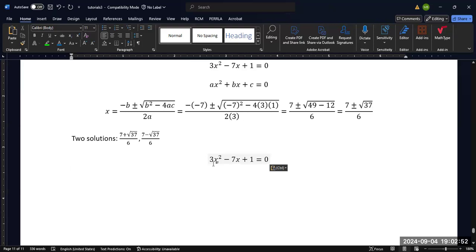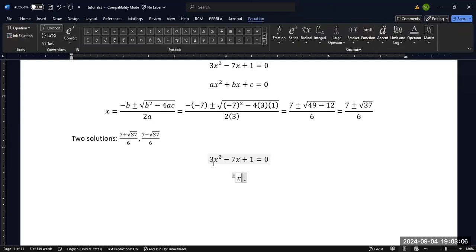It's simply to divide the entire equation by 3, because you do want to work with x squared by itself and not x squared with a bunch of other stuff. So I'm going to divide everything by 3, and that's going to give me x squared minus 7 over 3x plus 1 over 3 is equal to 0.